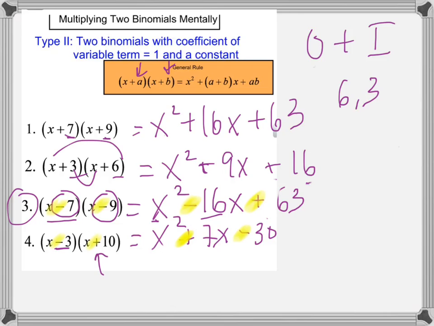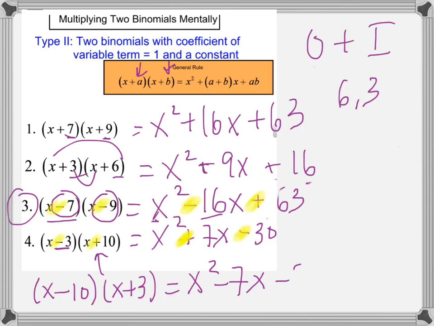If, for instance, I switch this around, if it were x minus 10 and x plus 3, then what you'd have is x squared. Now I'd find the sum of negative 10 and 3, and I would get minus 7x, and I'd still have that minus 30. Okay, so notice that's because the difference here was the thing that I was taking away. This term was larger than that constant. So that resulted in having a negative sign here instead of a positive like it was before.